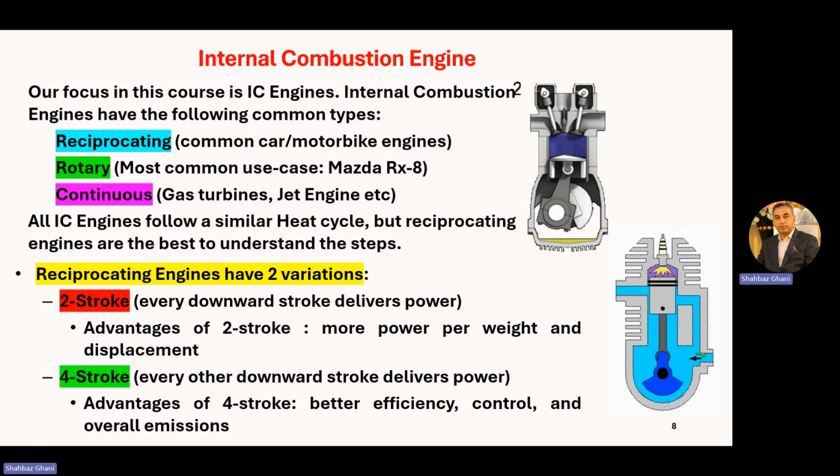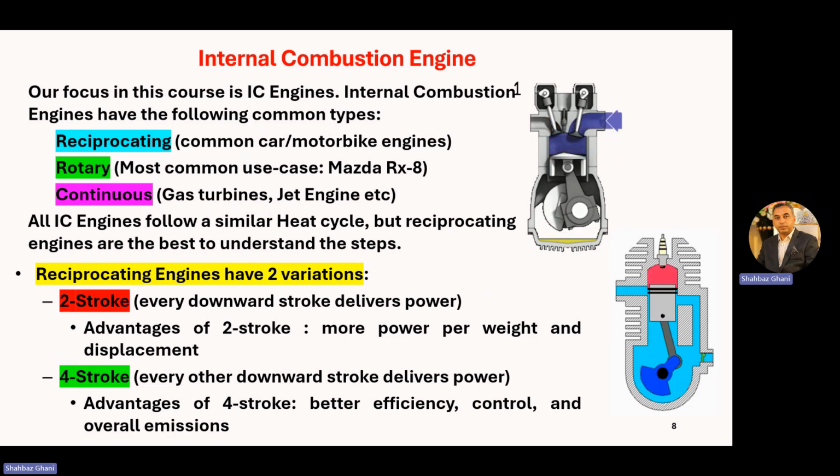For rotary, the most common example is the Mazda RX-8. For continuous, we have gas turbine engines and jet engines. All IC engines follow a similar heat cycle, but reciprocating engines are the best to understand the steps, how the phenomena work, what is going on there.